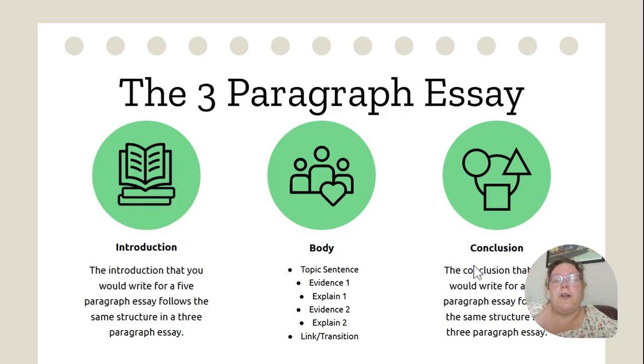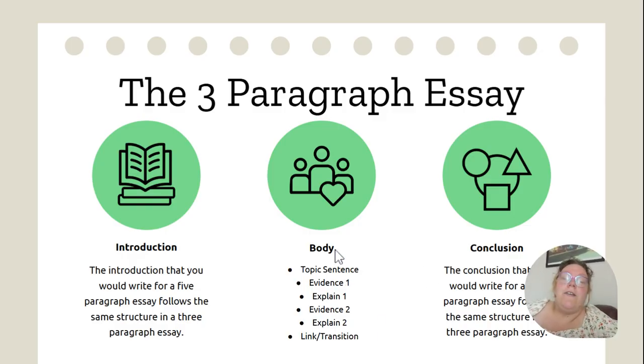And then for your conclusion, the 3-paragraph essay is the same as the 5-paragraph essay, where you, again, restate your main points, restate your thesis, and then you tie your topic back to something broader, along those lines.